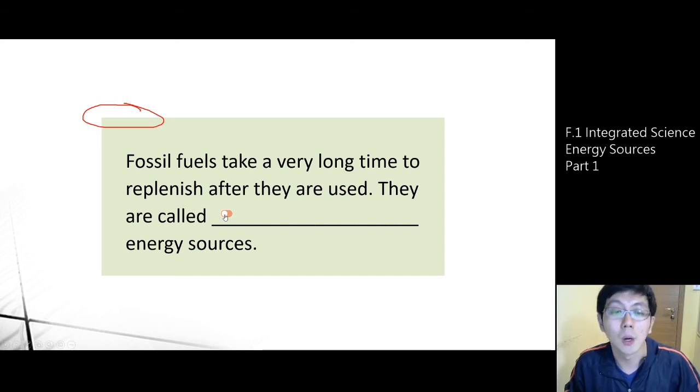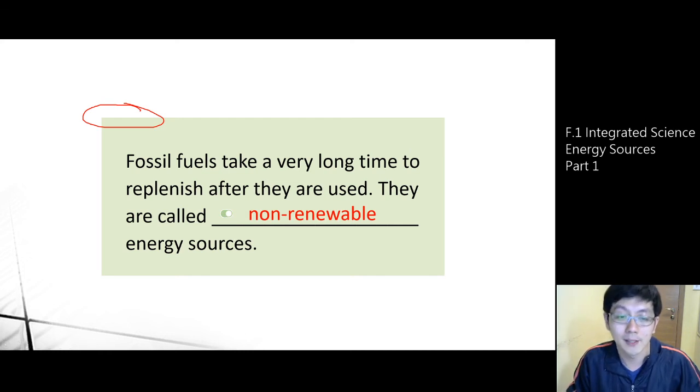So sometimes we call them non-renewable energy sources, 不可再生嘅能源. OK. So this ends part 1 for the energy source about the introduction of fossil fuel. So maybe tomorrow or the day after tomorrow, I will upload the remaining part about some alternative energy sources.